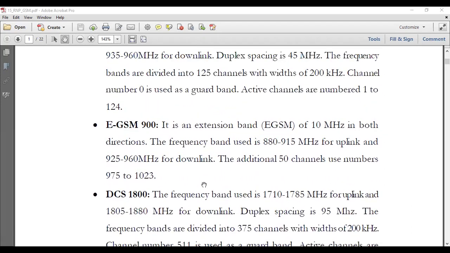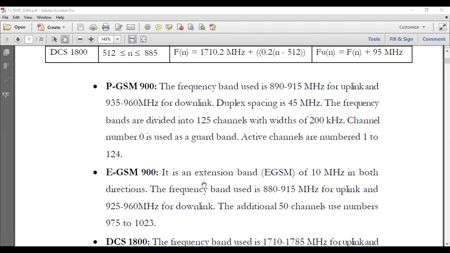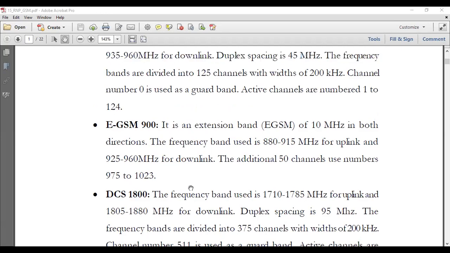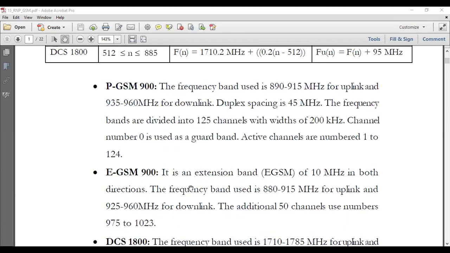The phones that you purchase here in Asia, Europe, Australia normally support these two bands, 900 and 1800. And the phones that you purchase in North America normally support only their bands. Their bands are around 850 and 1700, I guess. Okay. So the bands are a little different.